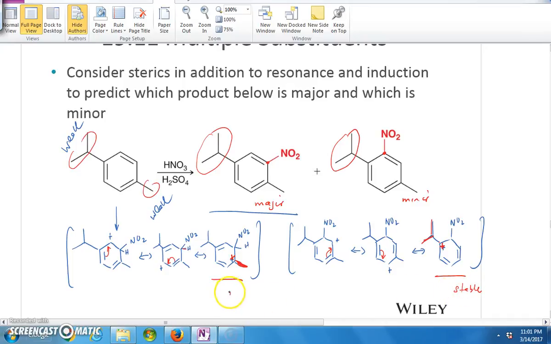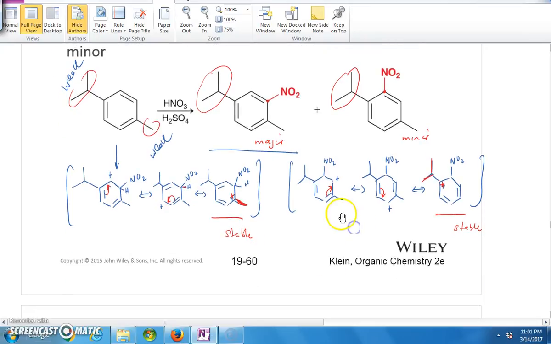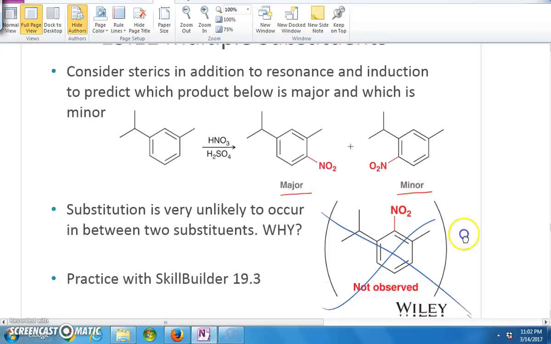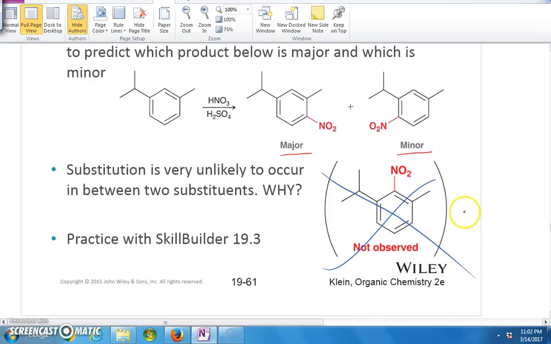So considering sterics, like I told you, this is going to be the major for steric reasons, and this is going to be the minor. This will not occur because it's too sterically encumbered, too sterically hindered.